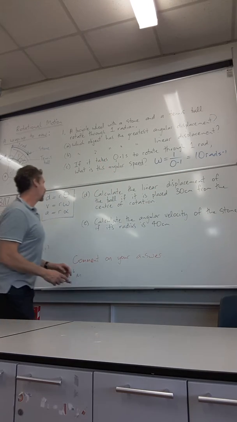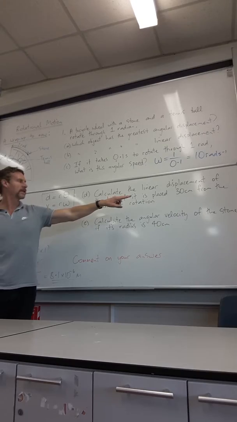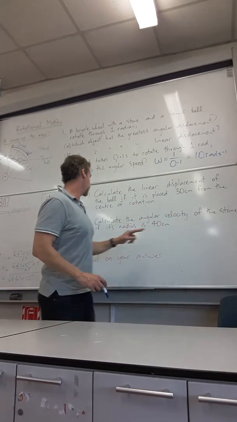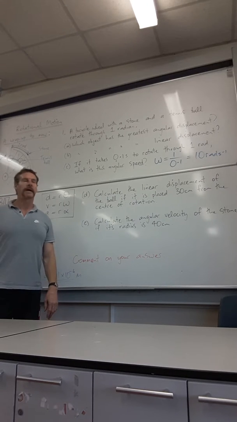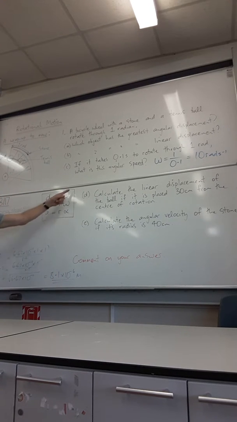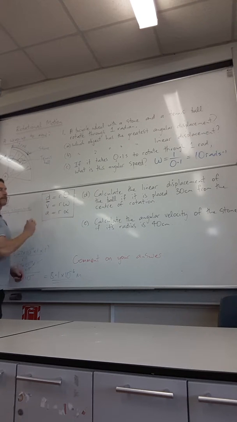Right, so now, moving on to calculate the linear displacement of the ball that is placed 30 centimetres from the centre of rotation. I've already told you the answer, haven't I? But if I wanted to use the formula, and I put up these 3 formulae here, what do I want? Linear displacement. What's D?